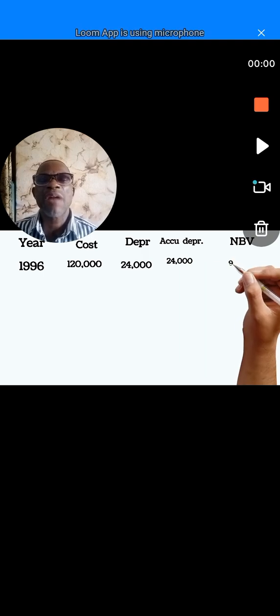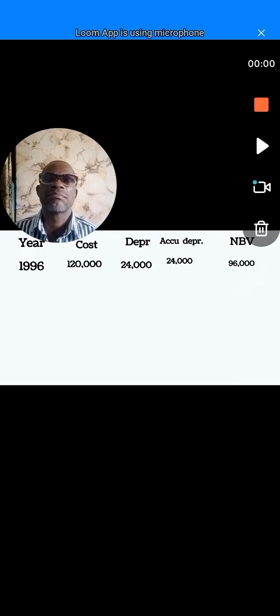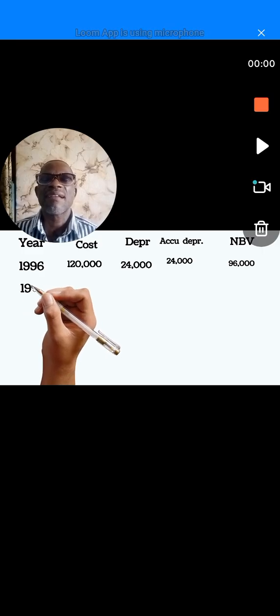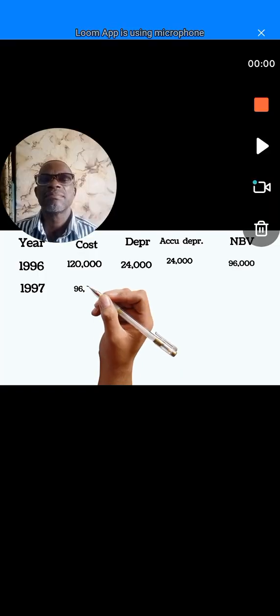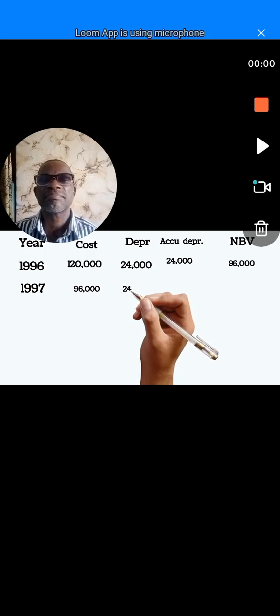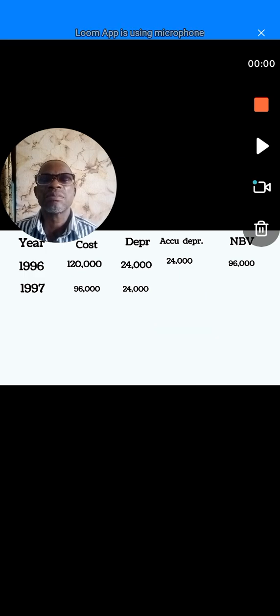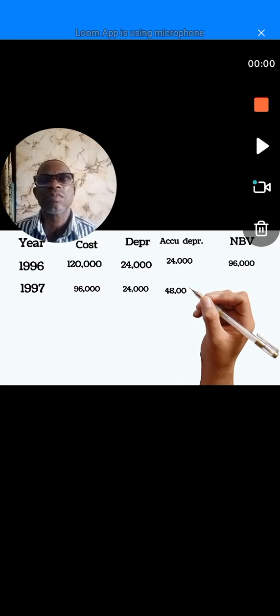In 1997, the opening value is 96,000 and the depreciation remains 24,000. Accumulated depreciation becomes 48,000, while the net book value becomes 96,000 minus 24,000, which is 72,000.